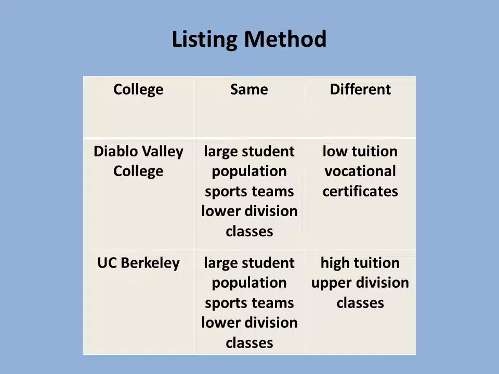Diablo Valley College has low tuition. However, UC Berkeley has high tuition. Diablo Valley College offers vocational certificates, meaning certificates for specific work fields. And UC Berkeley offers upper division classes. That's the last 2 years of a bachelor's degree.